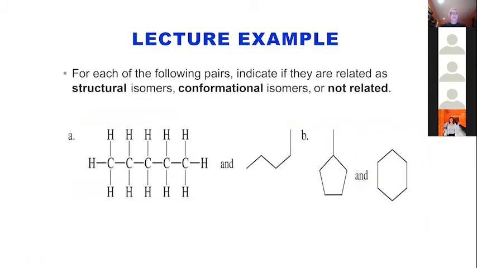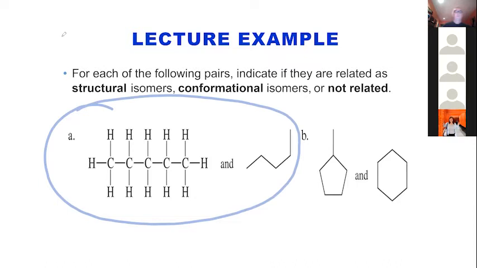All right, let's look at these. So here, these two. Structural isomer, conformational isomer, or completely different molecules? So that has 1, 2, 3, 4, 5 carbons, and so does this, 1, 2, 3, 4, 5.